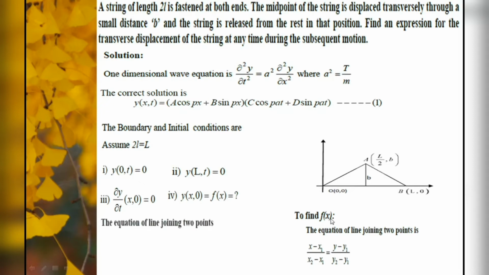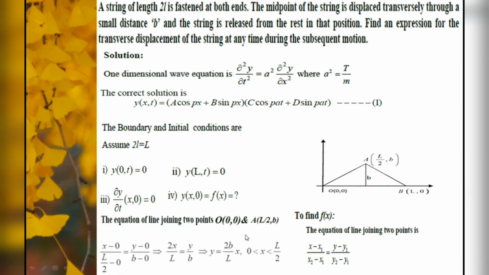Now let us find the equation of OA. OA is nothing but the line joining the points 0, 0 and L by 2 comma b. So in this formula we take x1 y1 as 0, 0 and x2 y2 as L by 2 comma b. Let us substitute those values. So you will get (x minus 0) divided by (L by 2 minus 0) equal to (y minus 0) divided by (b minus 0).